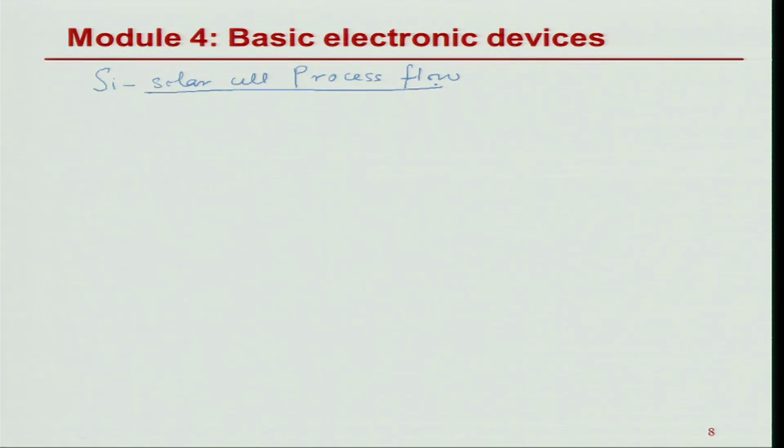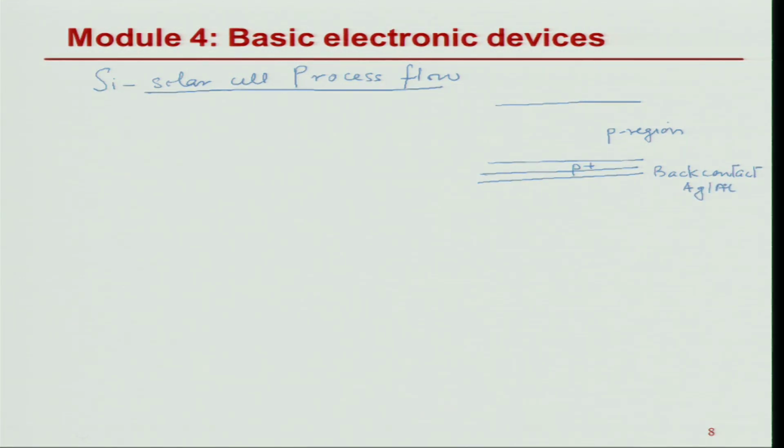A typical solar cell which is commercially available looks something like this. It has a P region, then an ohmic contact region for high doping P region, back contact, which is often silver, aluminum, amalgam, or some paste type of thing can also be used.